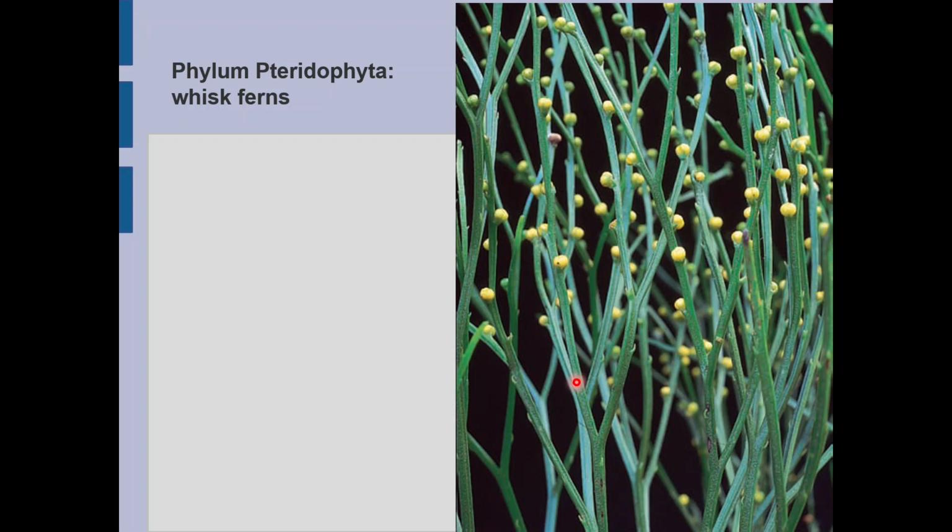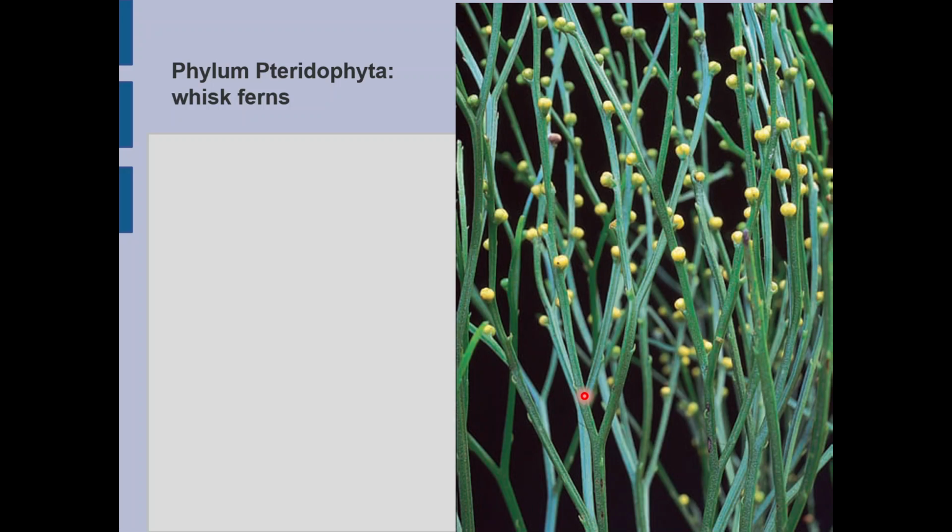But this is not common for most plants, because usually when most plants branch, one stem is larger and becomes the main stem, and the other becomes the lateral branch.